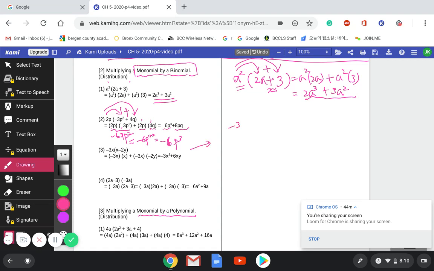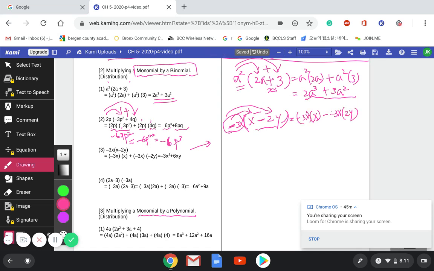Now negative 3x with the x minus 2y. Because you have a minus inside of the parenthesis and there is something outside the parenthesis, you have to distribute this minus, distribute the second time, but you have to carry the sign. Okay, so that becomes negative 3x times x minus negative 3x times 2y.